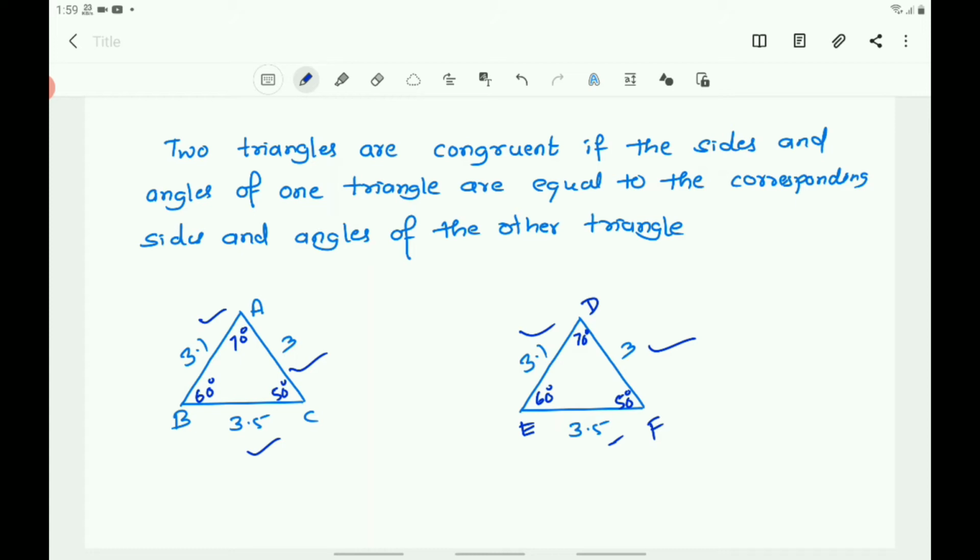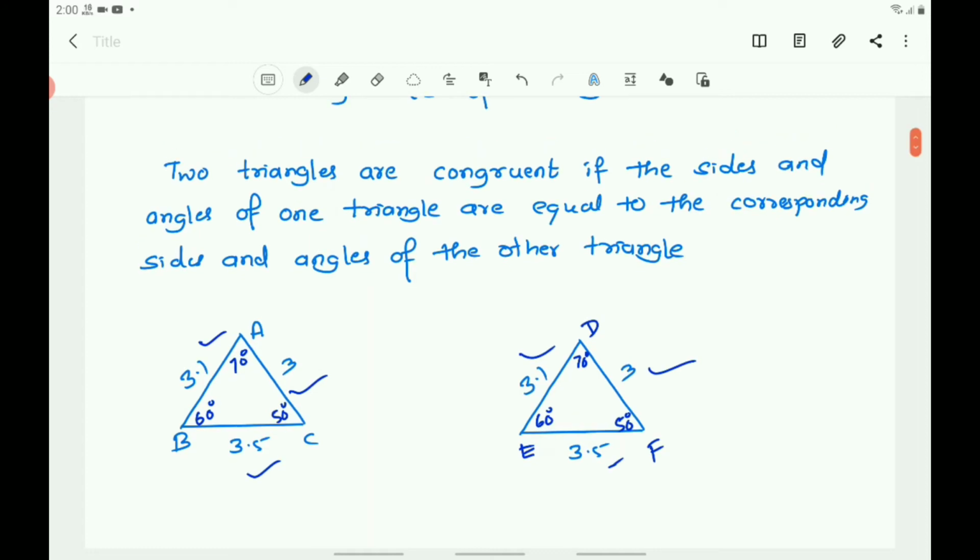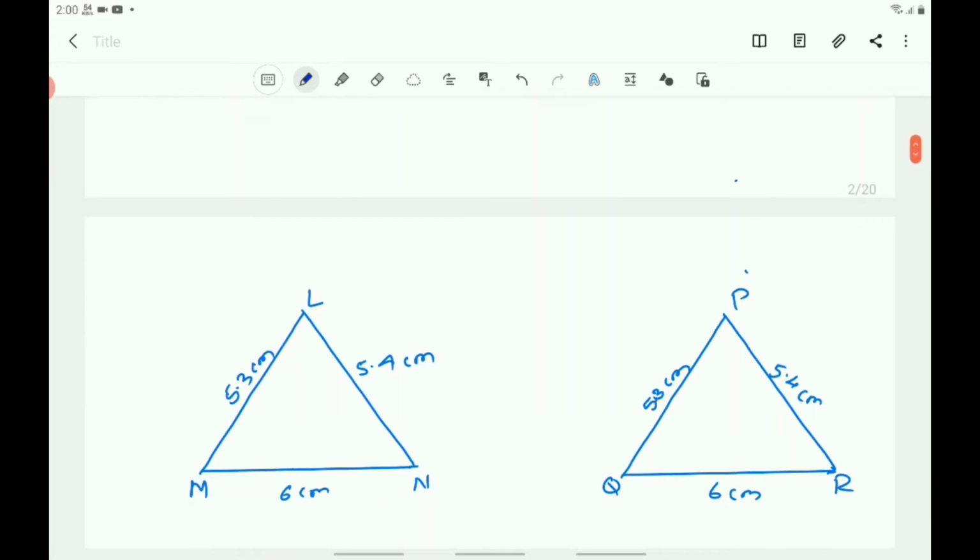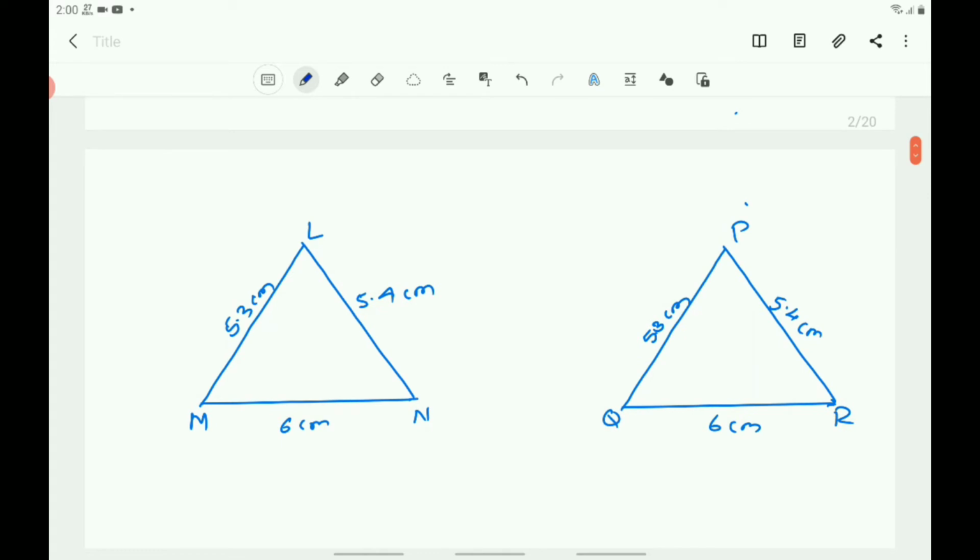Angle A coincides with angle D, means vertex A coincides with vertex D, vertex B with vertex E, and vertex C with vertex F. So triangle ABC is congruent to triangle DEF. What are congruent triangles? Two triangles are congruent if the sides and angles of one triangle are equal to the corresponding sides and angles of the other triangle. Now you again observe the triangles LMN and PQR.